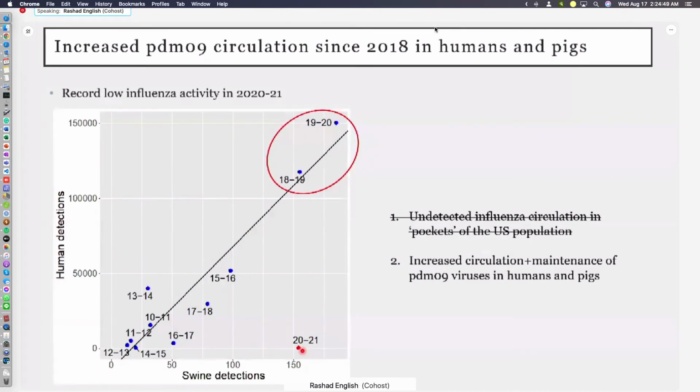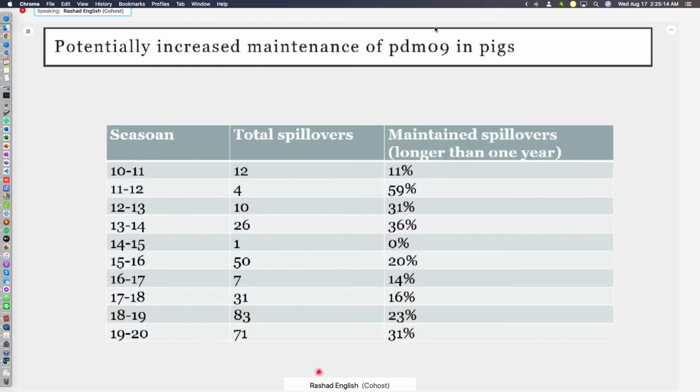The immediate thing that we see is that the prior two seasons, the 18-19 and 19-20 seasons, were more severe in terms of influenza pdm19 circulation overall. That meant lots of human-to-swine spillovers, but it's insufficient that there are lots of spillovers. Those spillovers need to be maintained in pigs for a sufficient amount of time to contribute to the next season. That's what we wanted to see if it's happening.